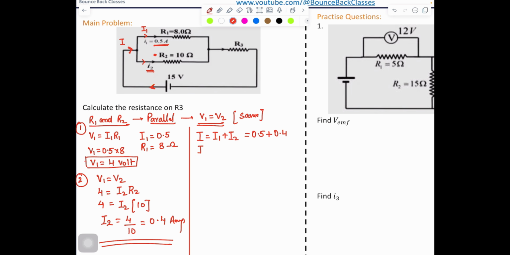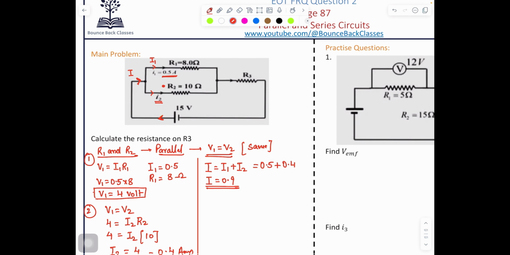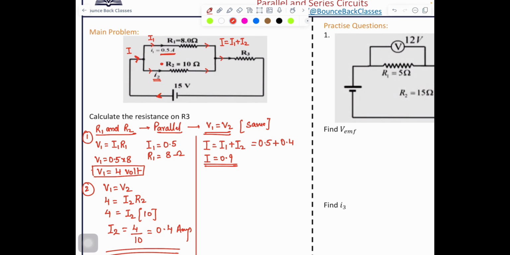So can I say I is equal to 0.9? Now the current is going out from here and joins again, so we get I equal to I1 plus I2. Okay.